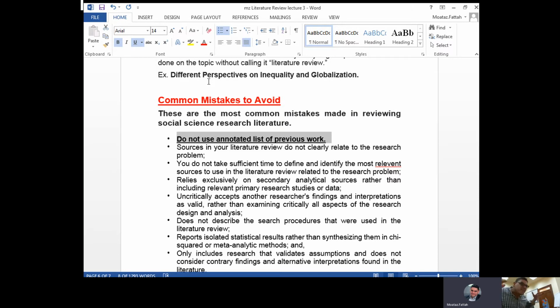You need to classify your literature based on the arguments, based on the themes, based on the philosophical background, based on the methodological background. You need to make it more like a classification. So I can now see that there are 4 or 5 pieces of literature that belong to the modernization school.